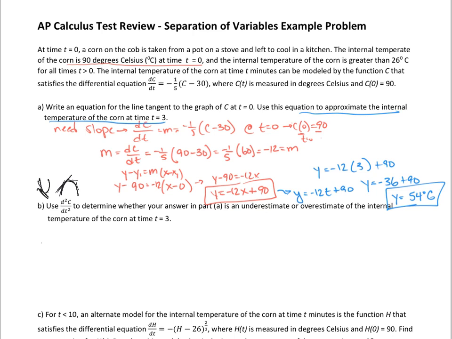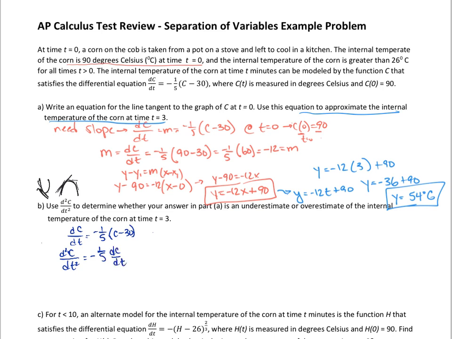So what I need to determine is whether this tangent line is going to be above or below. Let's go ahead and find our d squared C. Since we know dC dt is negative 1/5 times C minus 30, I will take the derivative of this and I'll get d squared C over dt squared is going to be negative 1/5 dC dt.